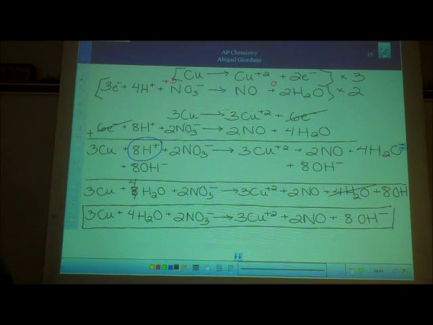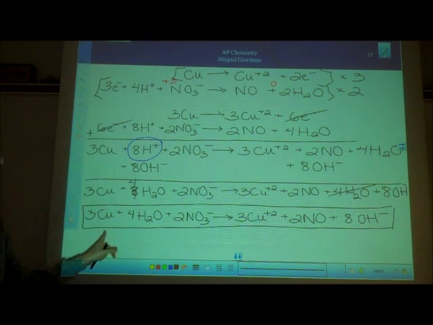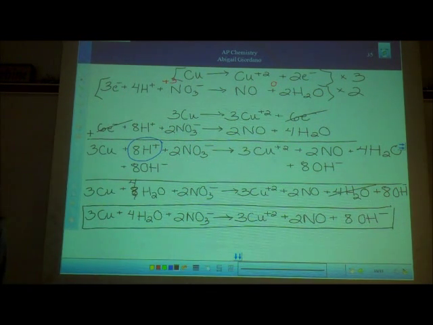Ladies and gentlemen, let me give you a piece of advice on doing a problem like this. Okay? You're going to see these on free response. It's not that they're particularly challenging, it's that it's very easy to make a small mistake. And a small mistake is going to mess up the entire final answer.